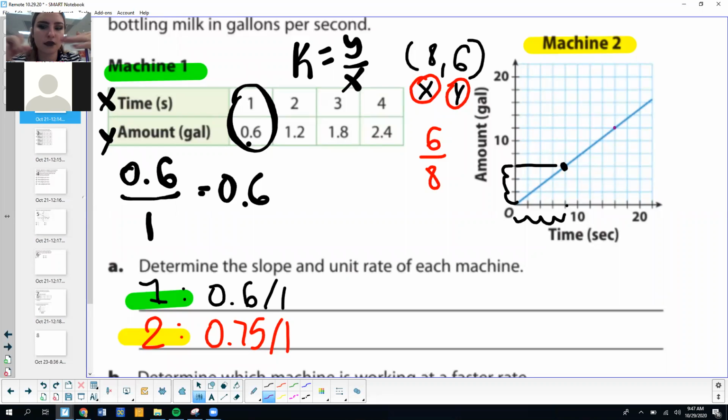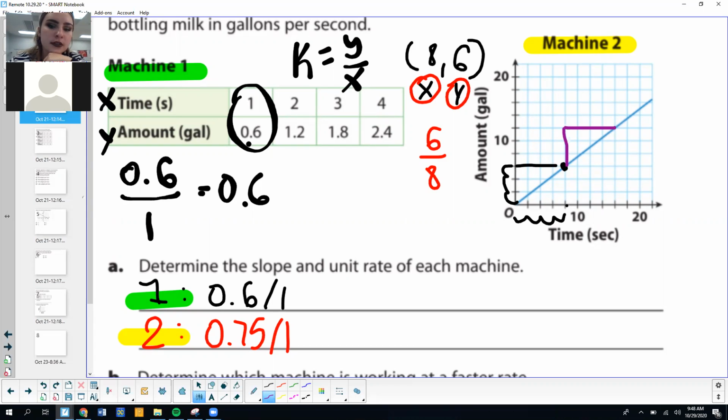So I'm going to go to machine 2 so I can explain it. So we're talking about rise over run, y over x. The rise is going to be 1, 2, 3. The run is going to be 1, 2, 3, 4. So that's going to be our slope. All slope is rise over run. It's the steepness of that line.